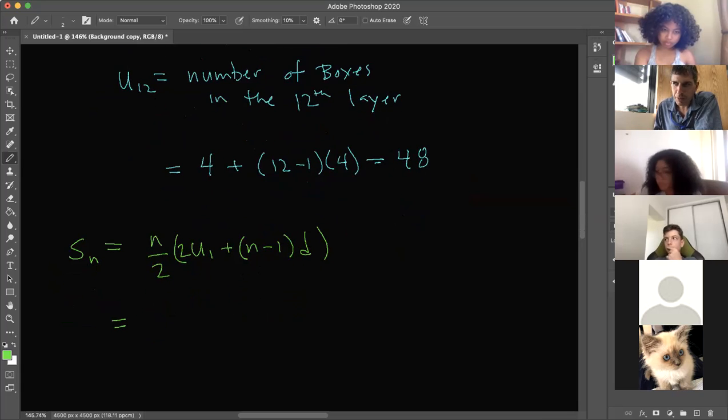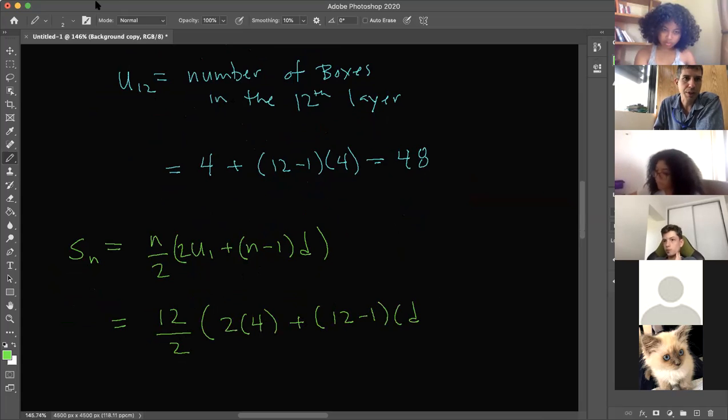So in this case, we have 12 layers of boxes, times (2 times u_1, which is 4, plus (12 minus 1) times d. Oops, sorry, not just d. We want to do times 4. We know all the numbers.